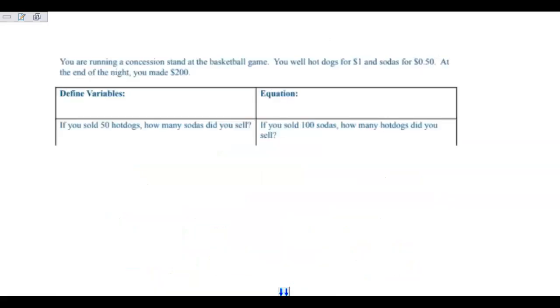Here's another one. It says you are running a concession stand at a basketball game. You sell hot dogs for $1 and sodas for 50 cents. At the end of the night, you made $200. Well, this would be in our standard form, AX plus BY equals C. Remember the total cost, that's your C. You have hot dogs and you have sodas, and they're telling you the cost of each.